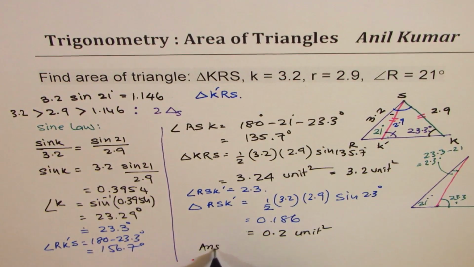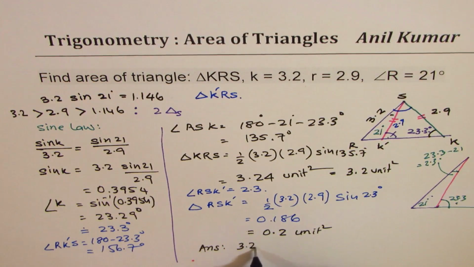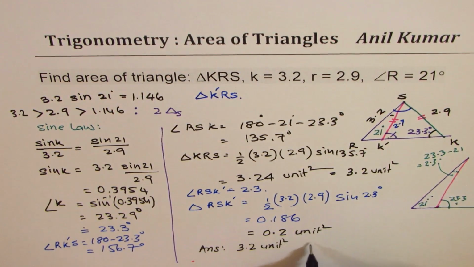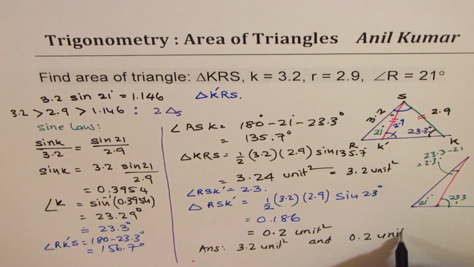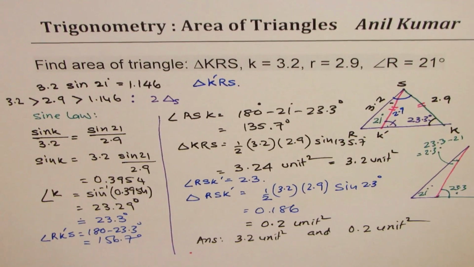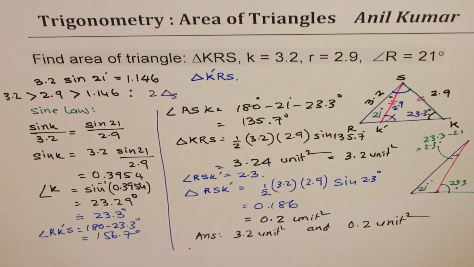So our answers rounded to one decimal place will be 3.2 units square and 0.2 units square, since in this particular case we have two possible triangles. So remember, if you are given a situation where angle side side is given to you, in that case we could have two possible triangles. So check for two possible triangles.